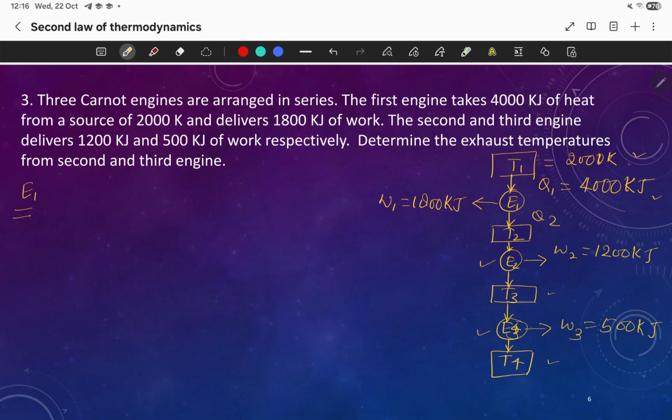If I take the heat engine as a system, Q1 equals W1 plus Q2. So we will get the Q2 value here. It will be 4000 minus 1800, so we get 2200 kilojoule.